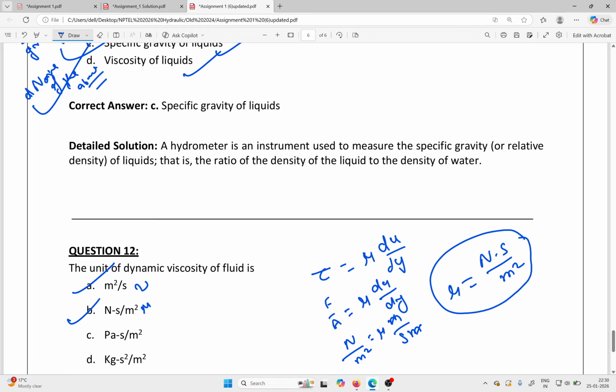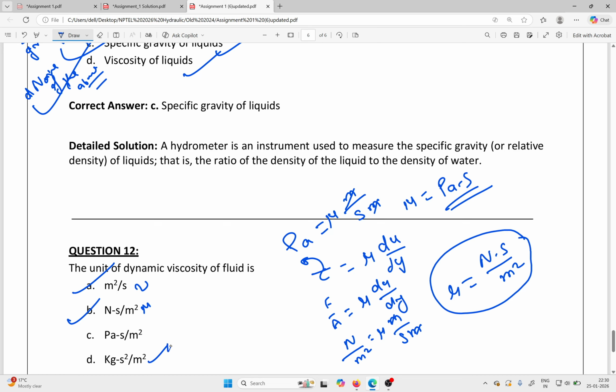Maybe in a multiple choice question you may face this problem. This will give you the Pascal, mu times meter per second per meter. So mu will be Pascal second, not Pascal second per meter square.